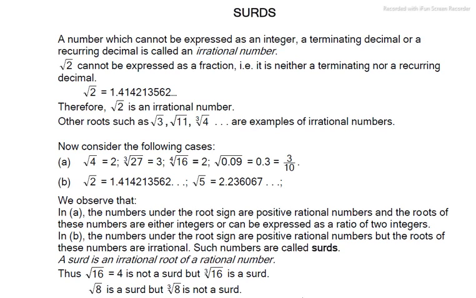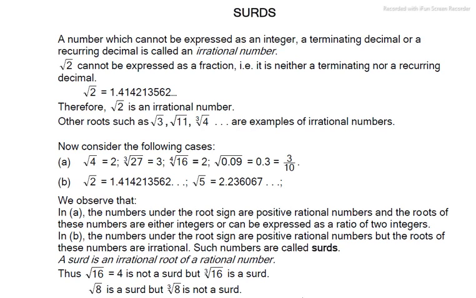Then a rational number can be expressed as an integer, terminating decimal, or recurring decimal. For instance, root of 4 gives us a 2, which is an integer, root of 16, and so on. So a surd is what gives us an irrational number.